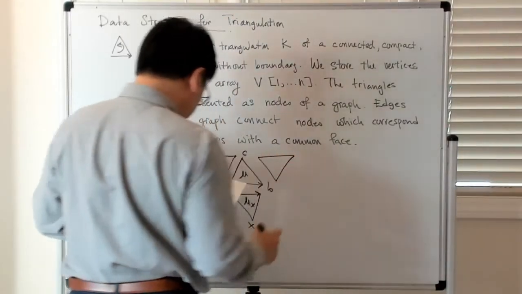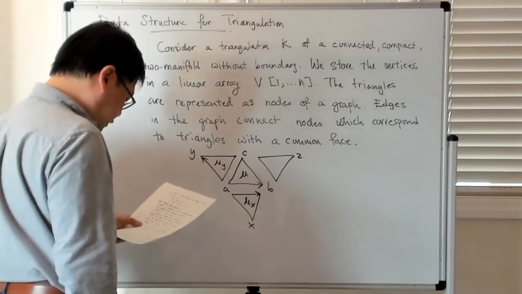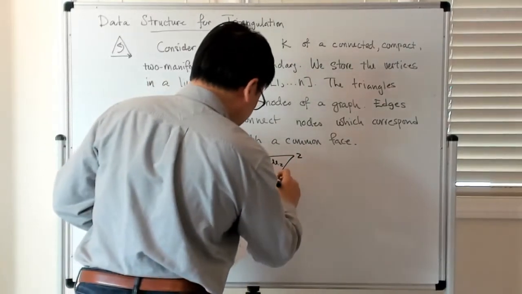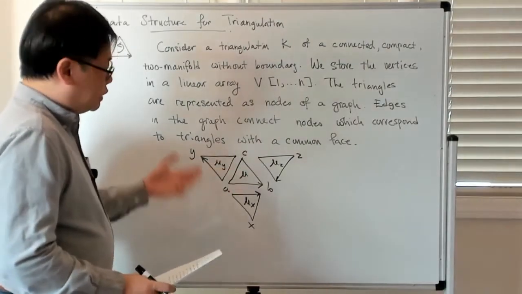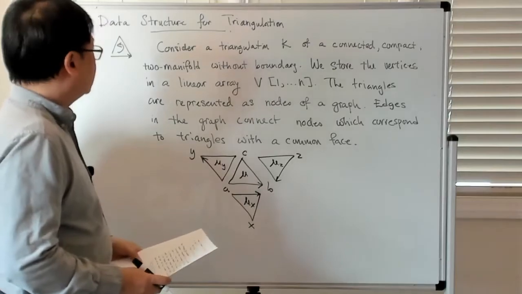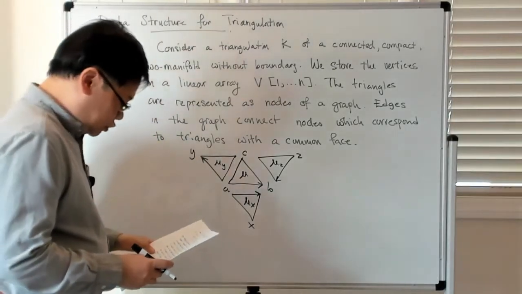And I have an additional triangle which has a new vertex z, denoted mu z, and I oriented it this way. So these leading edges tell you what corresponds to, in some sense, the reference ordering of the vertices, like in the previous discussion we had about ordered triangles.